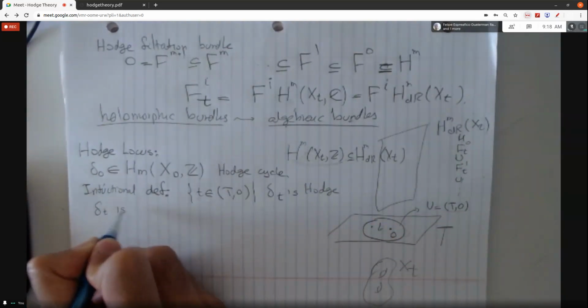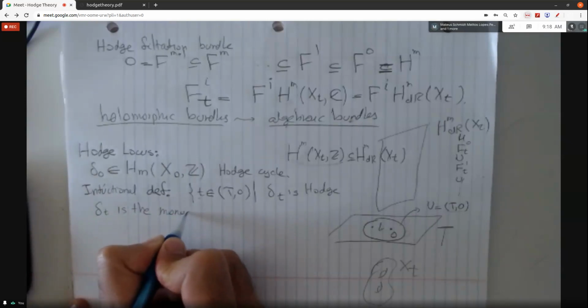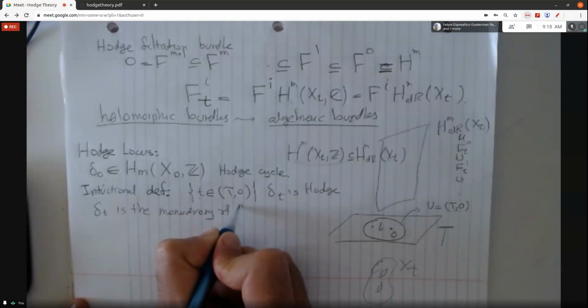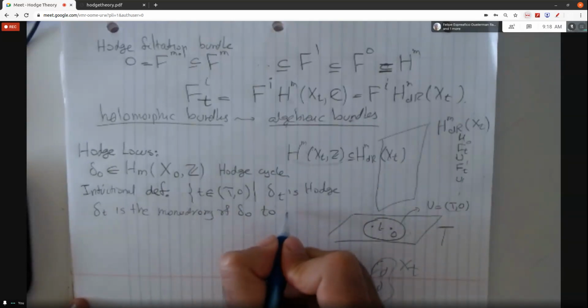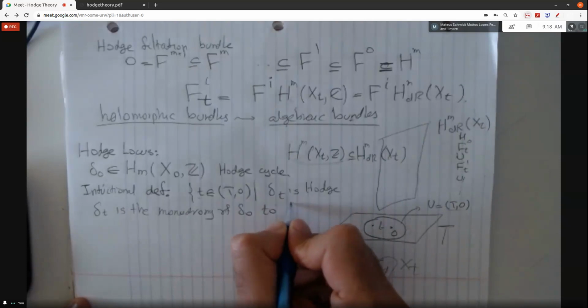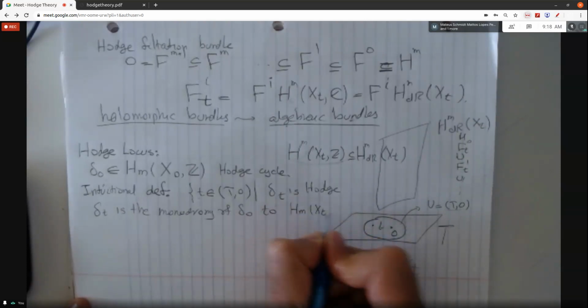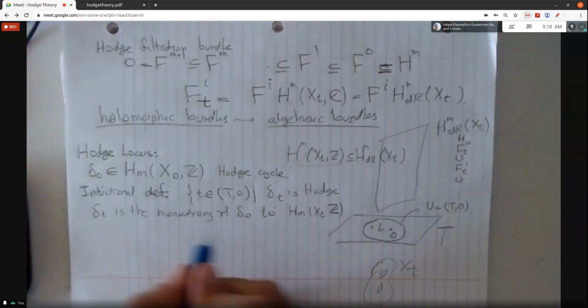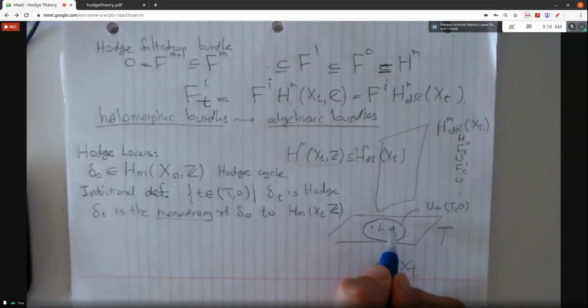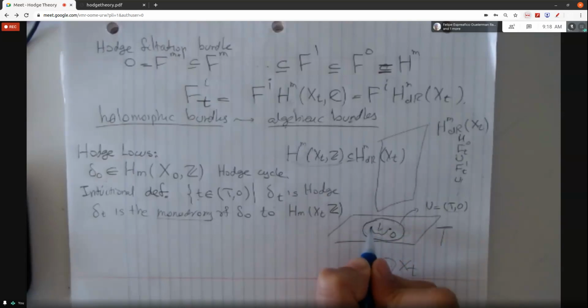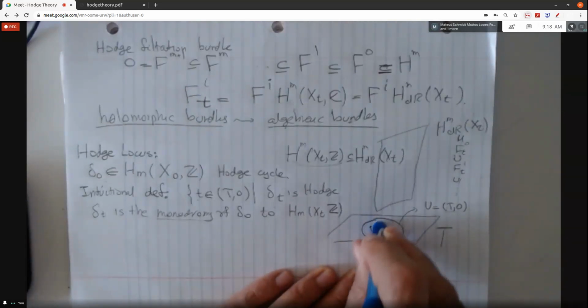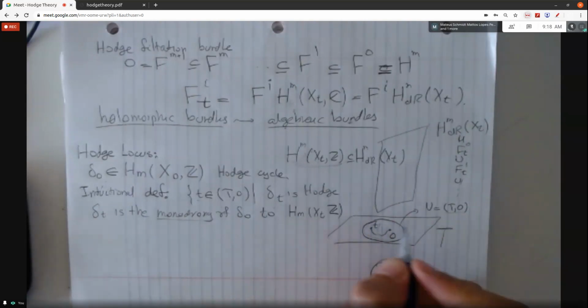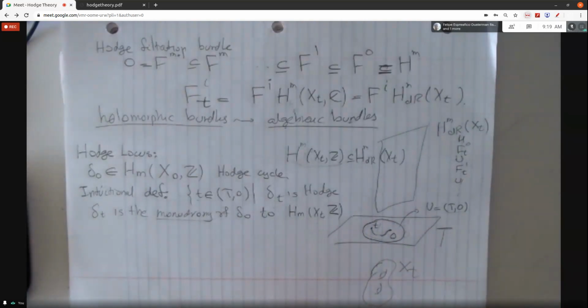So what is delta_t? Delta_t is the monodromy of delta_0 to H^m(X_t, Z). Remember that this monodromy doesn't matter along which path, because this small set is simply connected. Any two paths from 0 to t will be homotopic to each other, and so passing to homology, the monodromy will be unique.